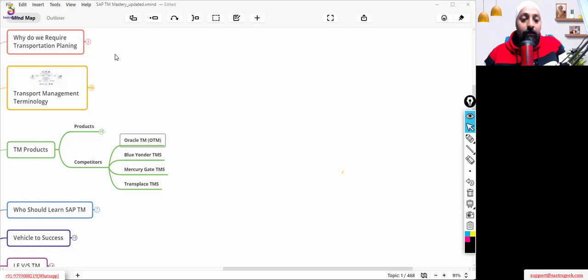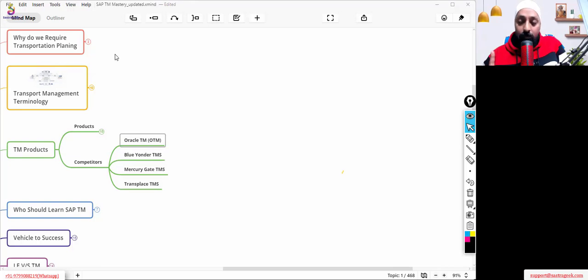Sachin is asking what the benefits of OTM over SAP TM are. So we did that comparison. Let me remember the year. I think it was somewhere around 2012. We did that comparison, and after that I have not done one. After that, I have worked only on TM. In 2012 we did the OTM implementation.